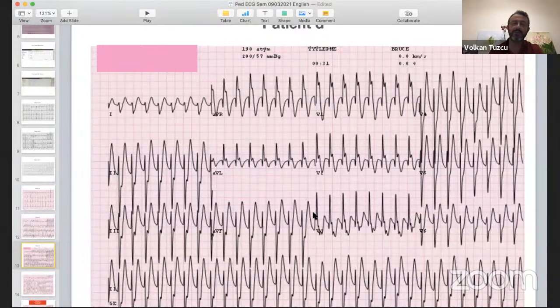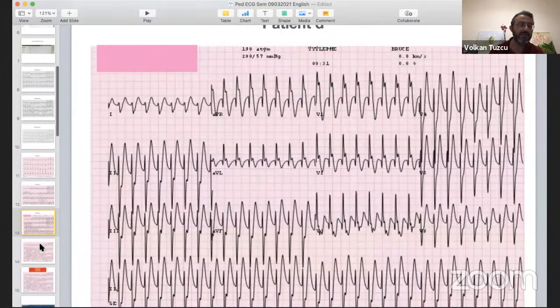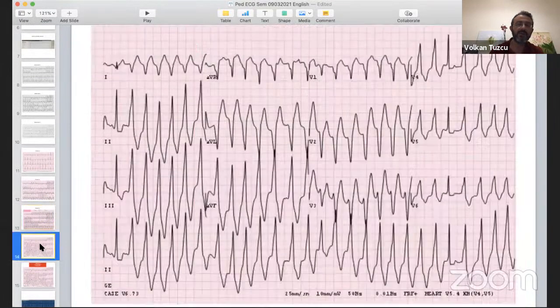If you give adenosine, this type of left posterior fascicular VT would respond to a calcium channel blocker, for example, that can help. And then your treatment varies with your findings, of course, which is beyond our subject now.